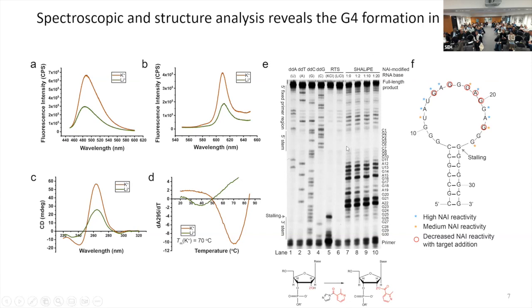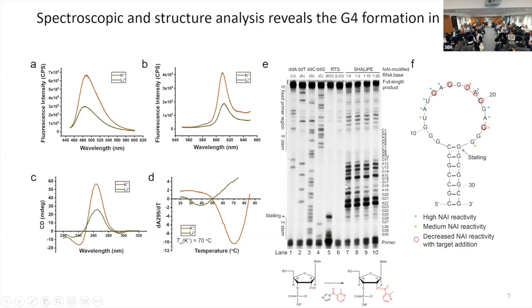Here, here and here are the two stems of the aptamer, and because the stem is double-stranded, it has very low NAI reactivity. And this is the loop, but because the loop is single-stranded, it should have very high NAI reactivity. But we can see some are high, some are lower. This is because there is a G4.